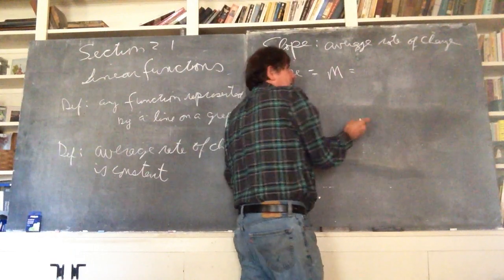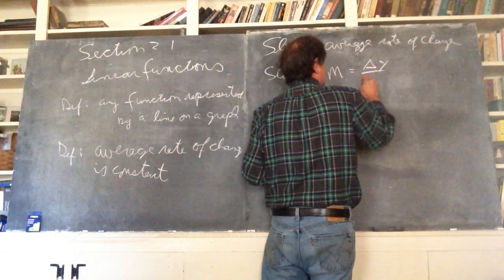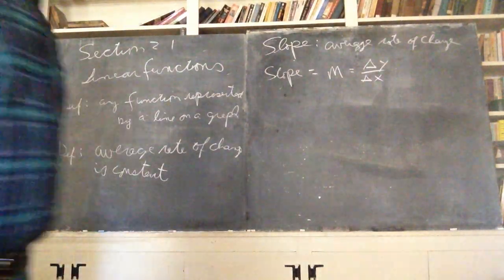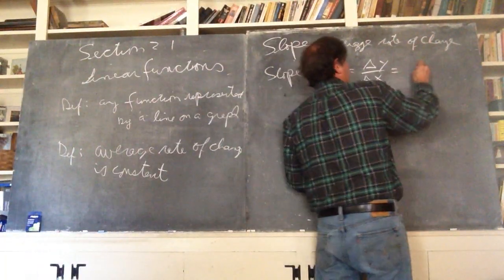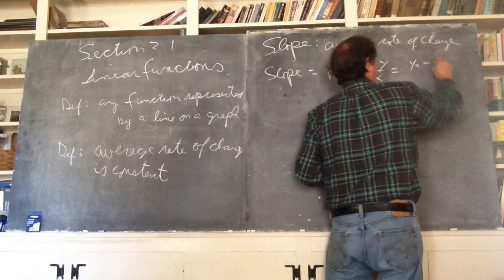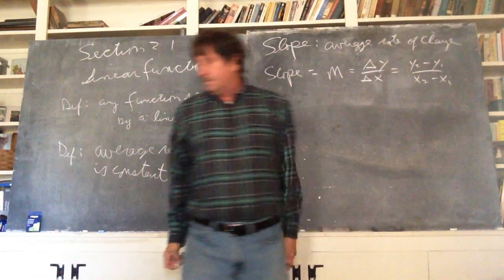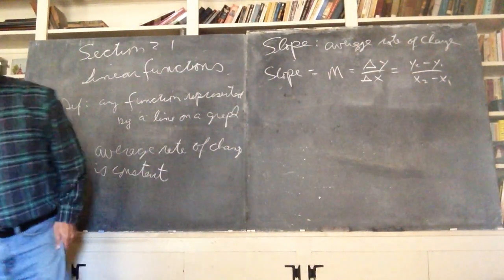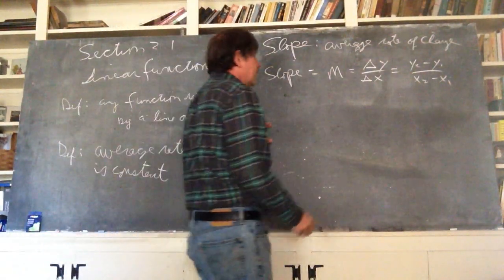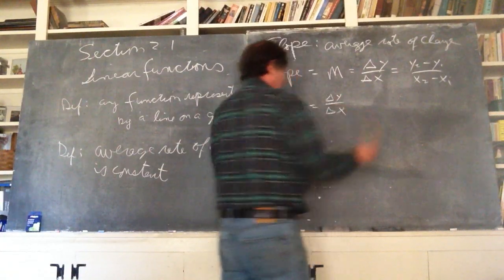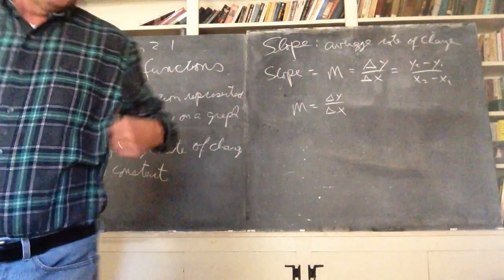I don't know why. Slope is, of course, change in y over change in x, which we were doing: y2 minus y1 over x2 minus x1. That's what slope is. Slope is the change in y's over change in x's.